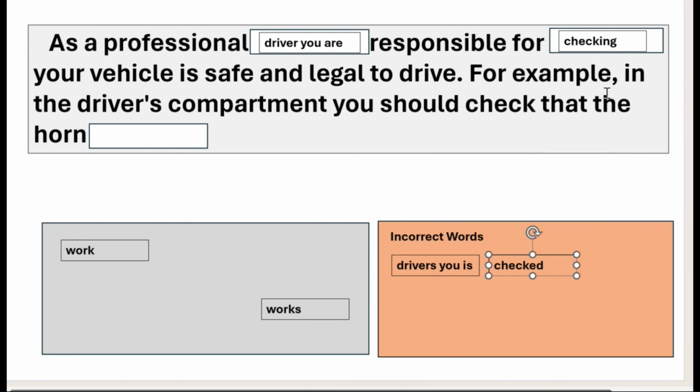Now the next one is, for example, in the driver's compartment, you should check that the horn work or works. So I told you earlier, if it is a third person singular number, then it will be an s with the verb. If you want to know what third person singular is, please put a comment.